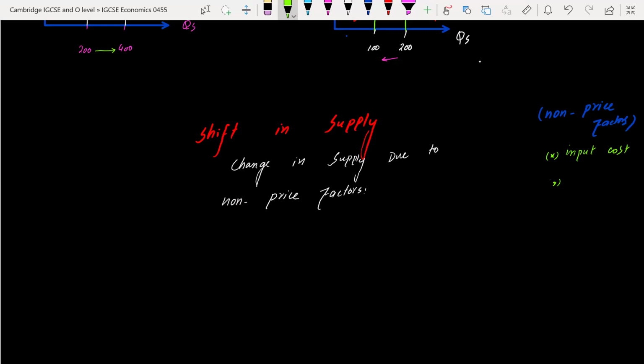We can say due to technology: when the organization introduces advanced technological integration, definitely the quality will also improve. When the quality improves, people will demand that product and firms will supply more of that product.